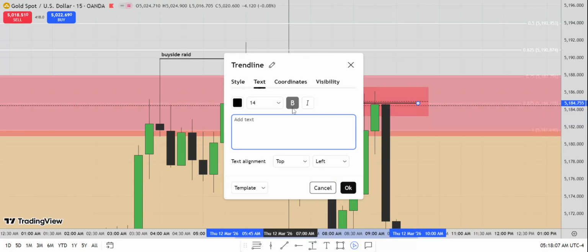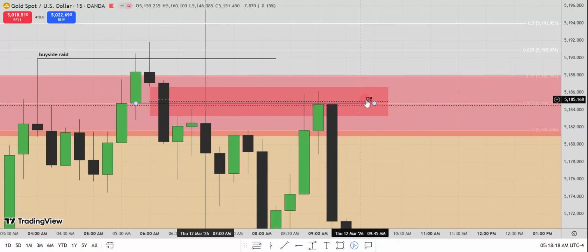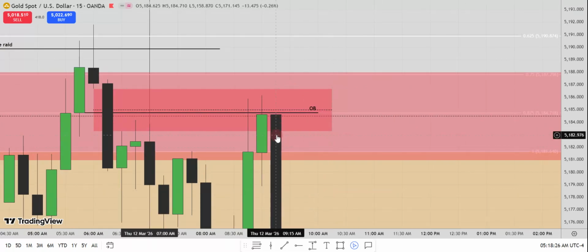Everything that you think that you know about the market is a lie. Look at that. This is a bearish order block. How many confirmations do we have?